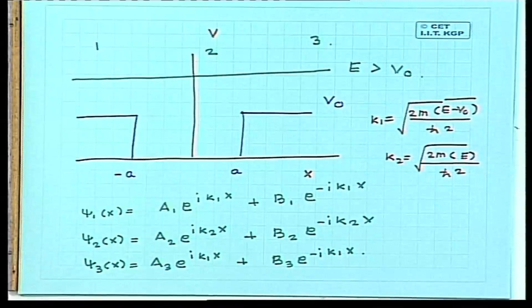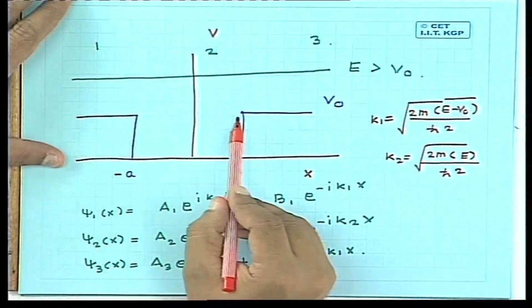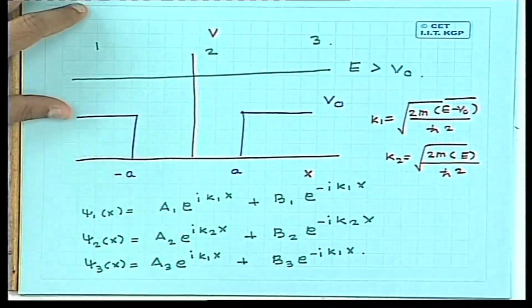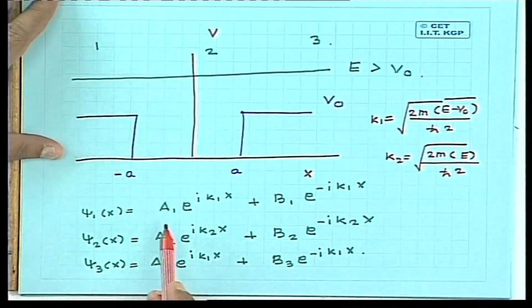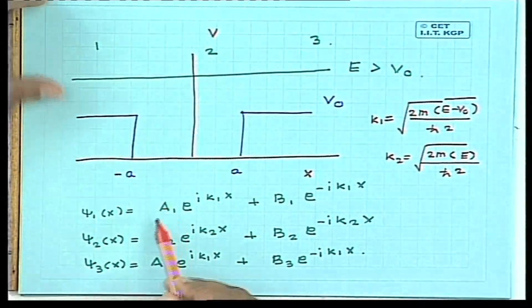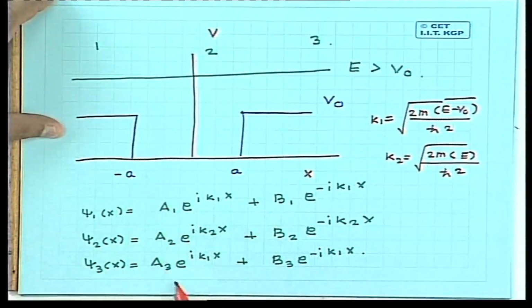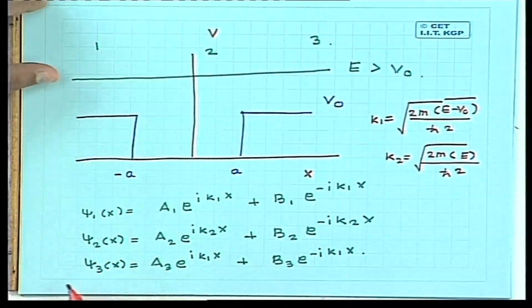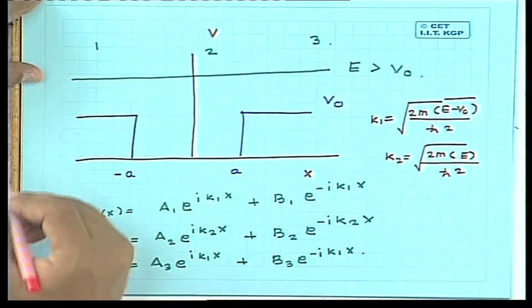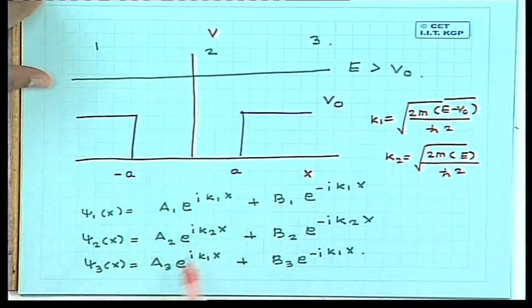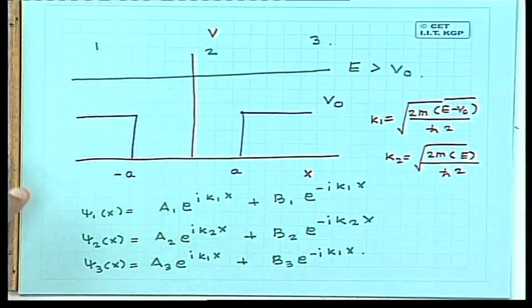So in this situation there is no restriction. If you match the boundary conditions over here, at these 2 points, you will find that all 3 of these wave functions are oscillatory in nature, and there is no restriction that either a1 or b1, a2, b2, a3, b3, any of them have to vanish. All are allowed.